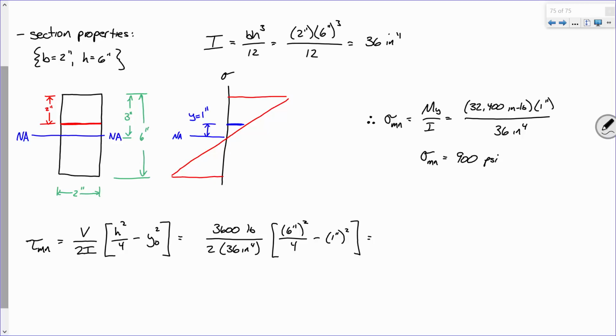Y'all have your calculators. All right, somebody got 400? Is there a second on that? Second. All right. So, let's be clear. At that particular point, we have a bending stress of 900 psi and a shear stress of 400 psi. Does that make sense?